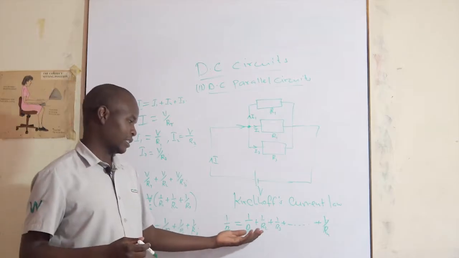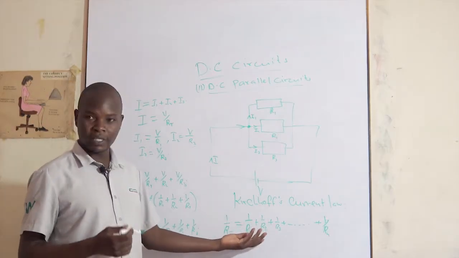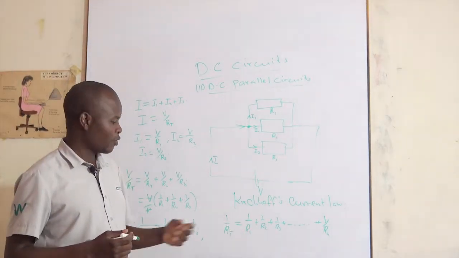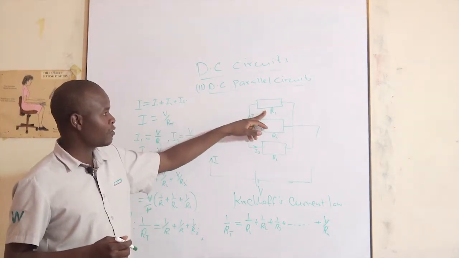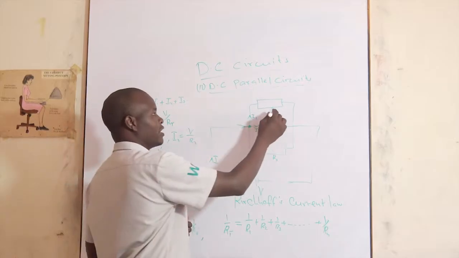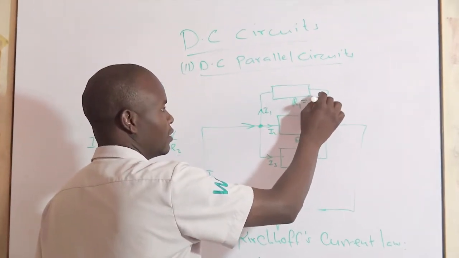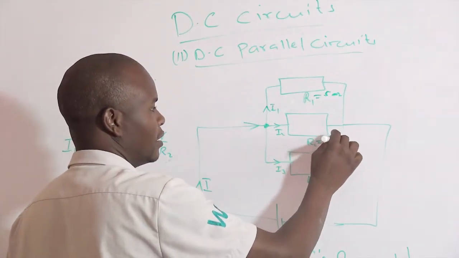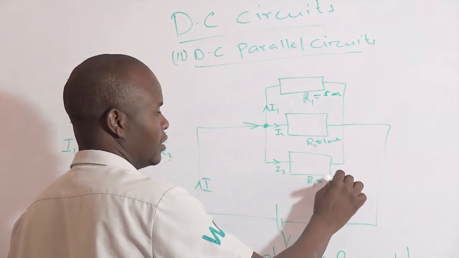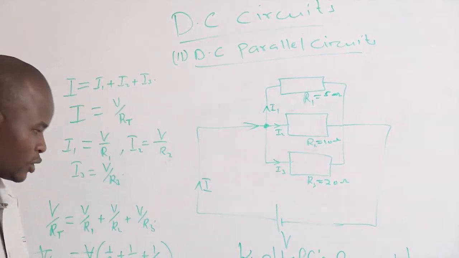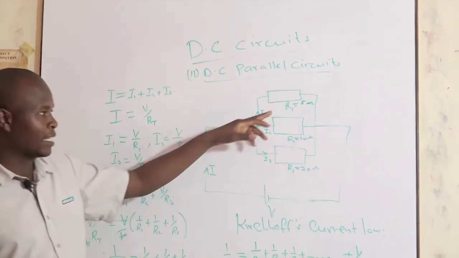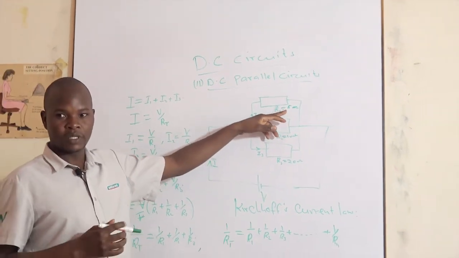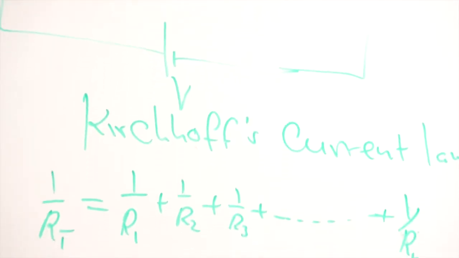The fact is that the answer you get is smaller than any value here. So if R1 is 5 ohms, for example, this is 10, and this is 20, the total resistance you get when using this formula must be less than the lowest resistance in the circuit. So the answer you get must be less than 5.